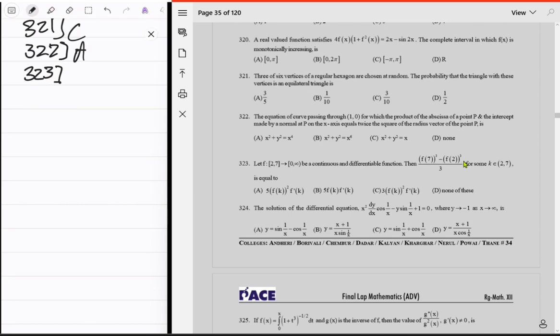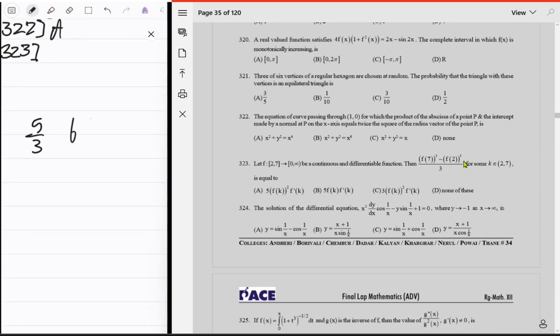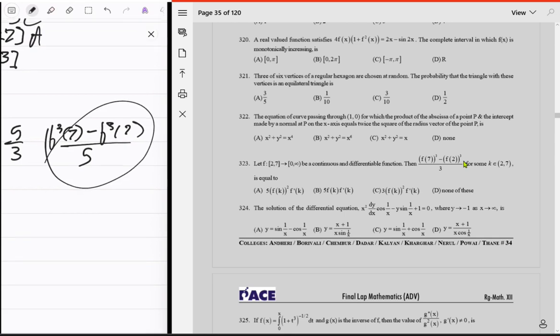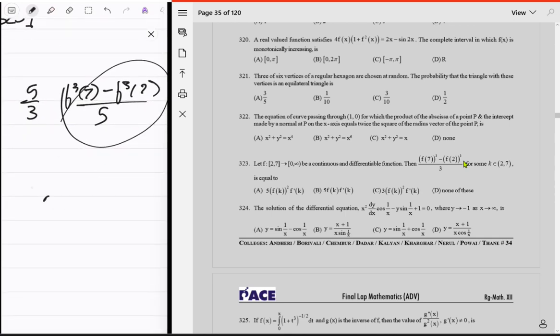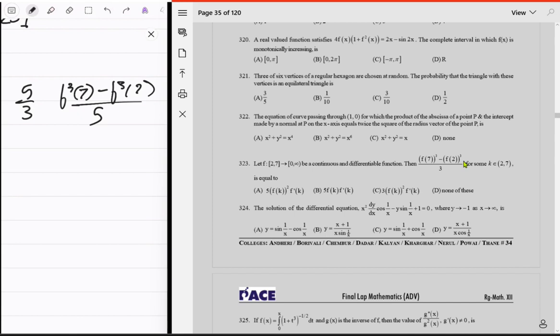Just 5, so it should be like 5 upon 3 times f cube of 7 minus f cube of 2 upon like 5, right? This is the secant का slope, because यहाँ पे 2 का f of 2 से, yes, that's it. Sorry, f cube of, you get the thing. So for some k between these, यहाँ पे उसका डेरिवेटिव जो रहेगा वो इस स्लोप के इक्वल हो जाएगा, right?